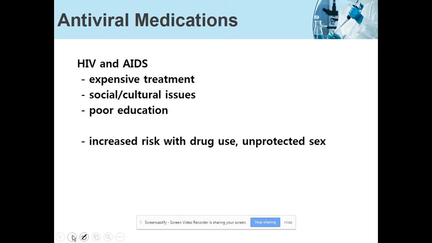And so this lack of education, lack of money definitely increases the epidemic in poor nations around the globe. And you already know this, but there's an increased risk with drug use, sharing needles, and then unprotected sex leads to more HIV transmission.